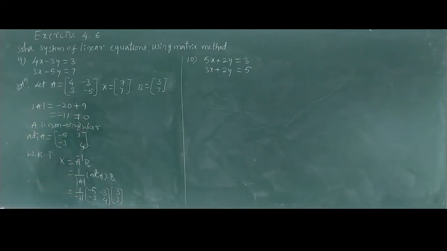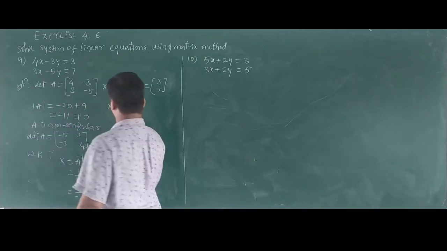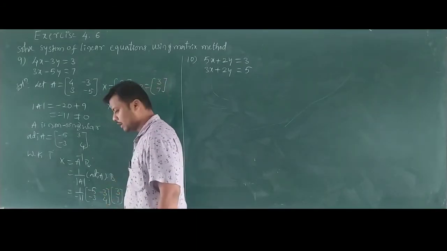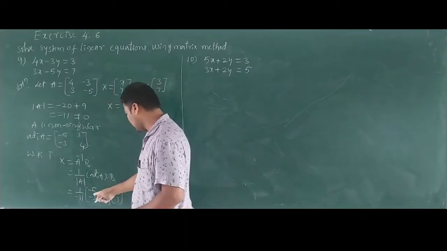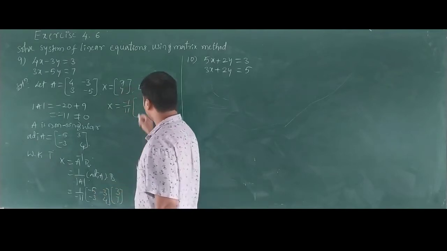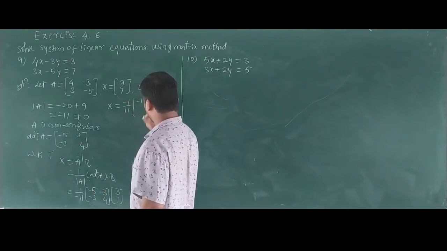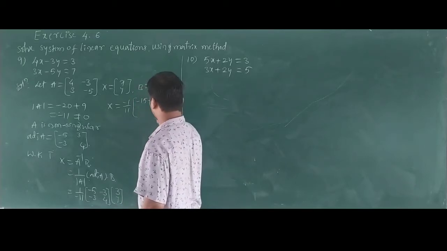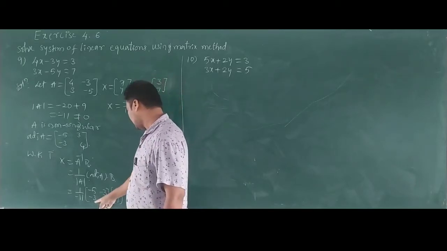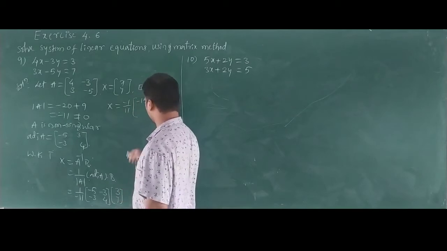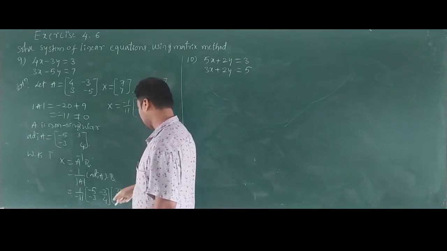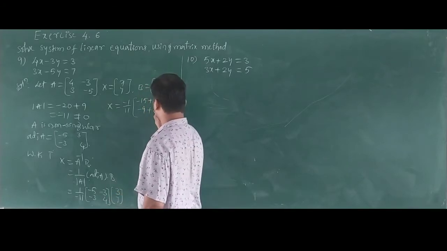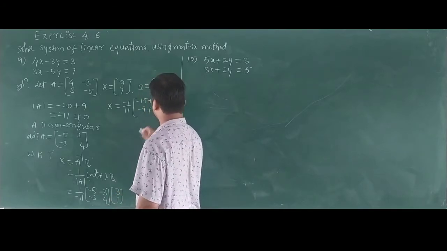So X equals minus 1 by 11 multiplied by: minus 5 into 3 is minus 15 plus 3 into 7, so 21. Next, minus 3 into 3 is minus 9 plus 4 into 7, 28.